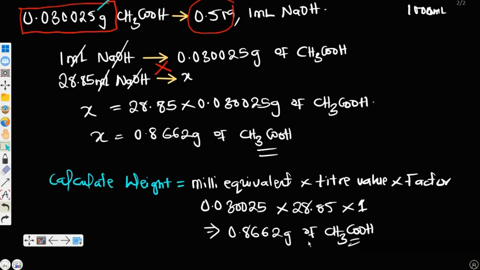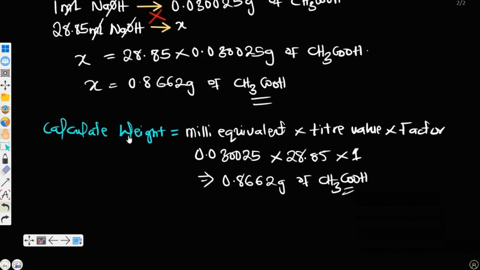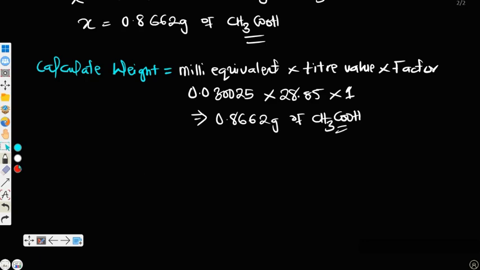The amount of acetic acid in the 25 ml is what we calculated to be what? 0.8662 what? Gram. But what was given initially was, if you look at it very well, they say 20 gram was initially present in how many ml? 100 ml, right?